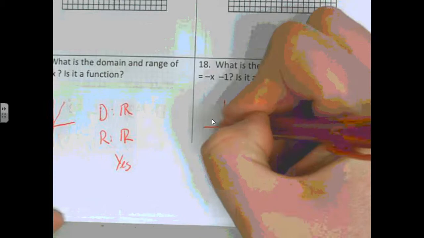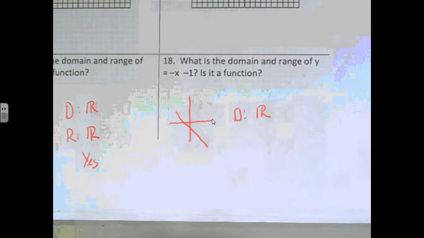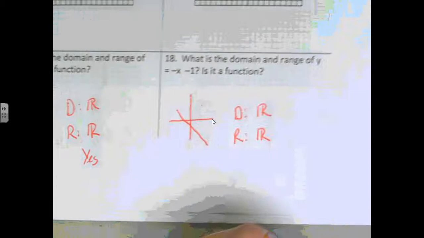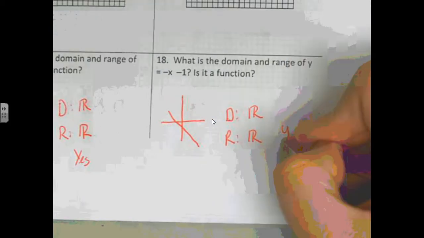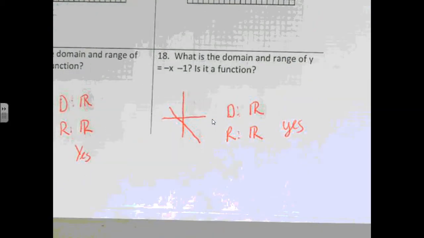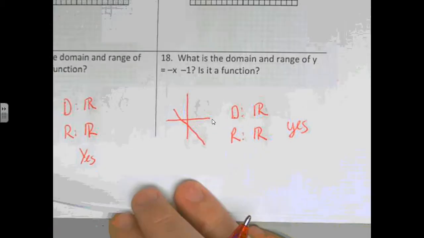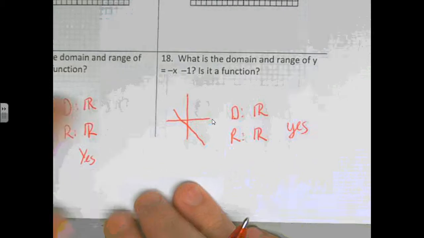It goes down 1 over 1. Looks like that. Domain: all real numbers. I can see it going left all the way and going right all the way. The range: all real numbers. We can see it going up forever and down forever. Is it a function? Yes.